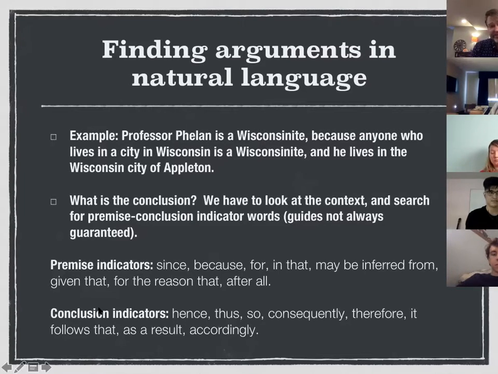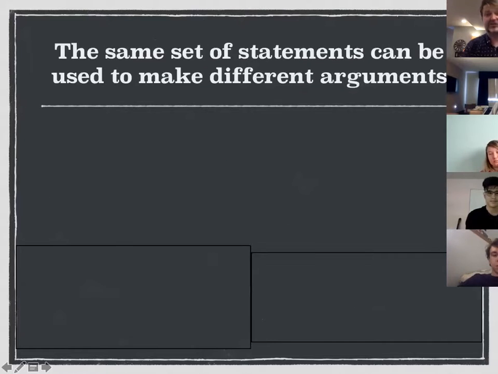It's not a conclusive list, and it's not always going to be the case that an argument you see in ordinary English will include one of these words. It may not. So in some cases, we have to rely merely upon the context, merely upon our intuitions about how the structure of the argument is working. Okay? So I think this is like anything else, something that we can get better at over time, identifying premises and conclusions and the structure of arguments.